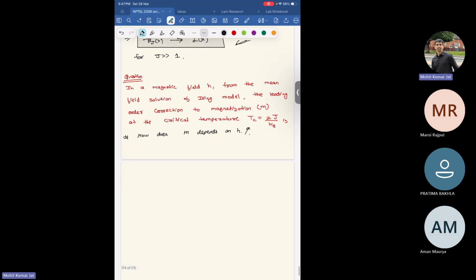So there's a transcendental equation which relates this parameter beta, this partition function Z, and the magnetization M, and how it will show up. Yeah, I can see the raised hand by Mansi. You can ask in the comment section, Mansi, the question.